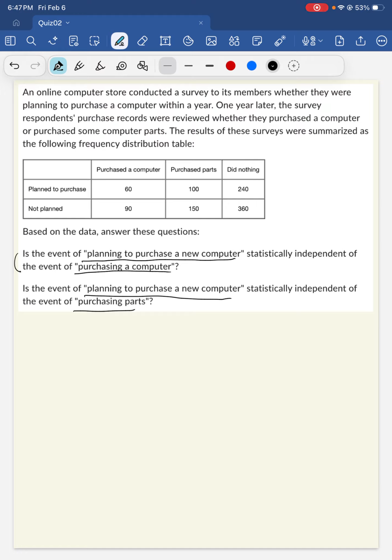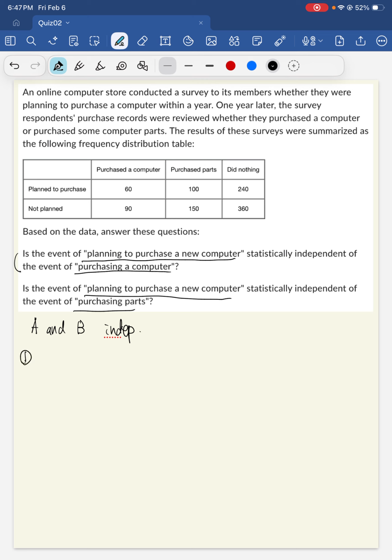Okay, so when we say events A and B are statistically independent, there are several ways to show whether it is independent or not.